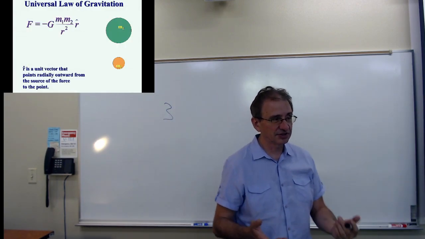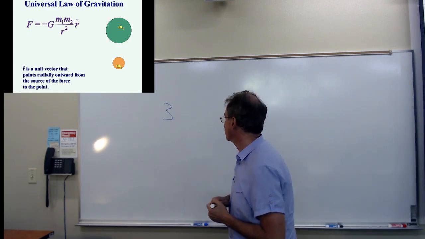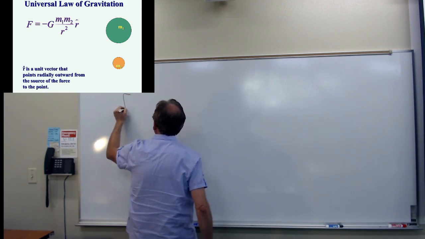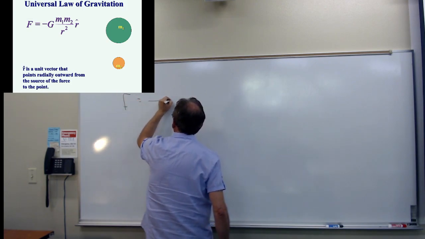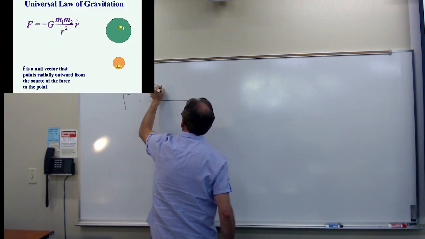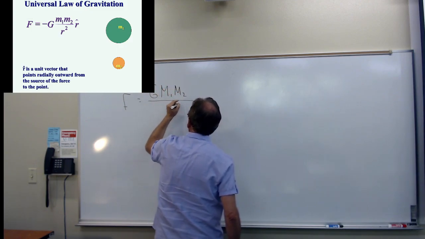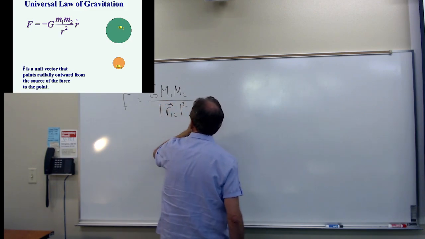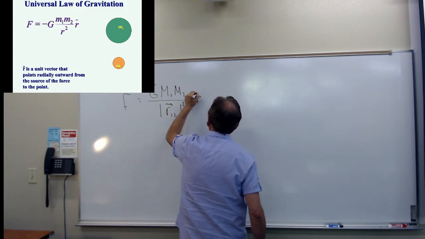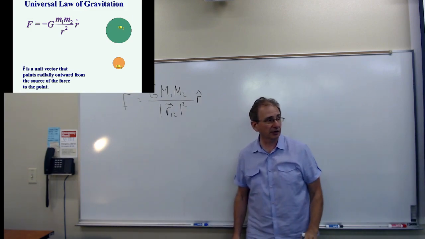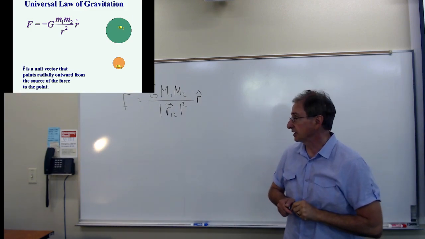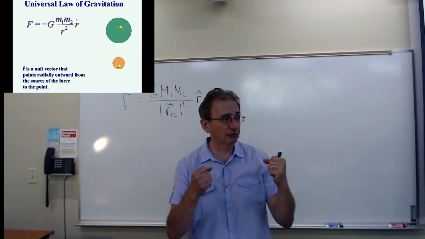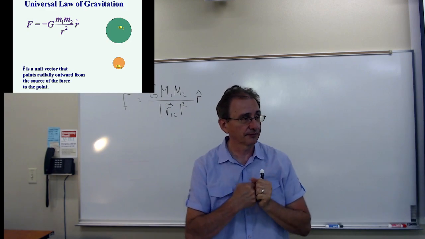You've already seen me introduce the law of gravitation. It looks like this. I haven't written it as a vector. The law of gravitation basically describes the gravitational force of attraction between two objects.